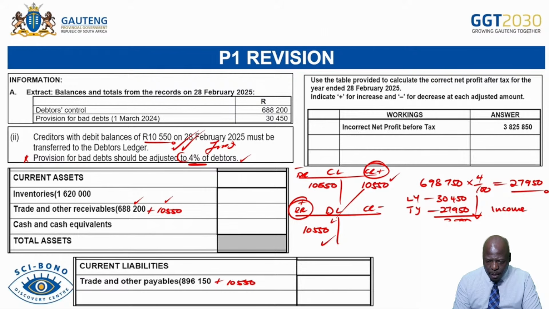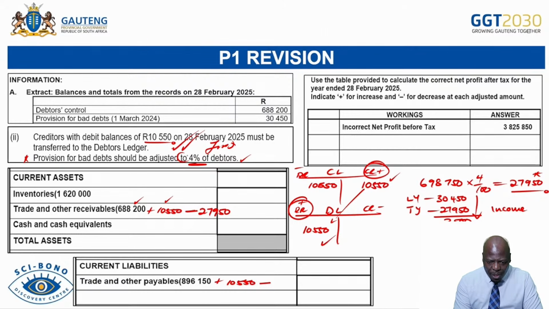So now, once I have calculated the 27,950, I must take that 27,950 and bring it straight onto my trade and other receivables. Minus 27,950. You subtract it there in trade and other receivables.